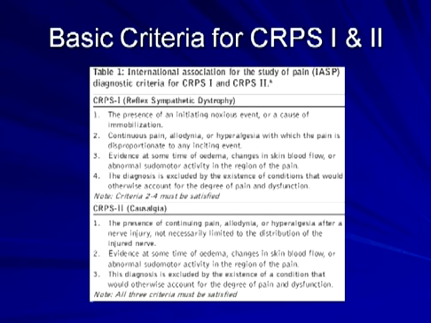And so what they said was, okay, how do you determine CRPS 1, reflex sympathetic dystrophy, and CRPS 2, causalgia? So for RSD, you needed to have the immobilization, and all four, from numbers 2, 3, and 4, had to be present for RSD. And all of these criteria had to be present for causalgia.